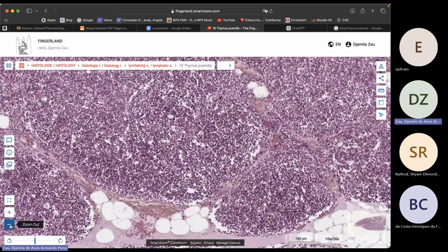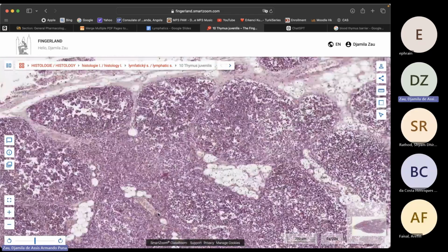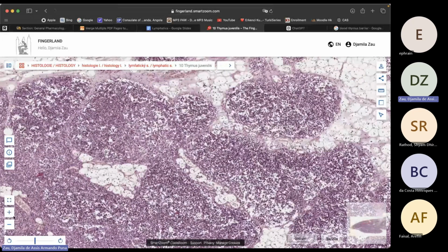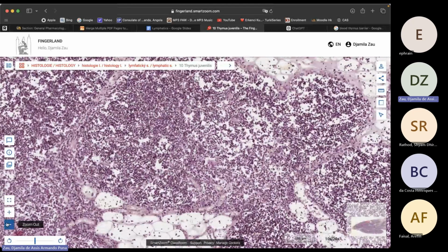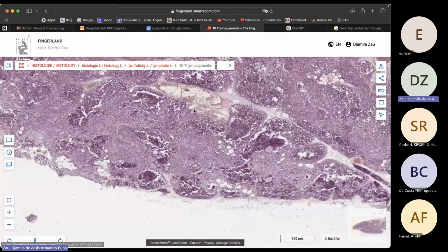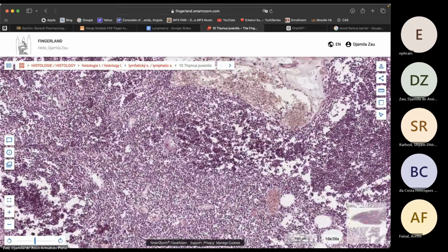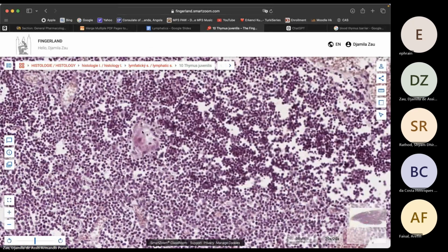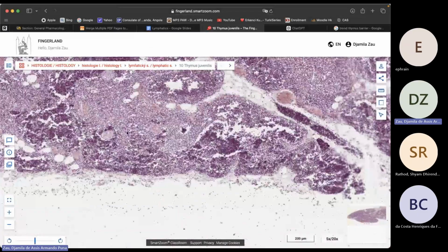So cortex, medulla. And Hassall's corpuscles are these concentrically arranged structures. Hold on, apologies for this. Let me see. I believe this is one, but usually they're much better visible.